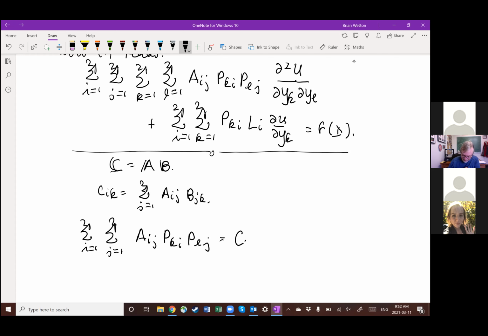It's a 2 by 2 matrix that comes out with entries K and L, because I've summed over I, I've summed over J, so there's no I's left, no J's left, but I've got a K and an L. And if you use this idea, you can see that that matrix is the same matrix as the matrix P times A, right? I got the P times A from this one.